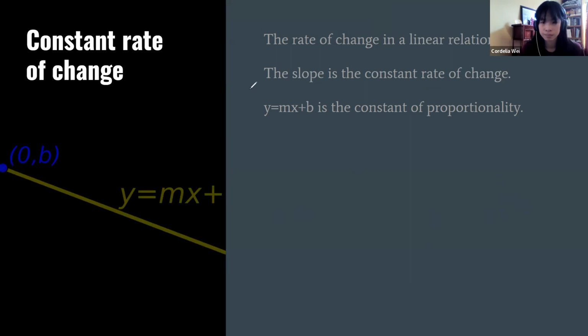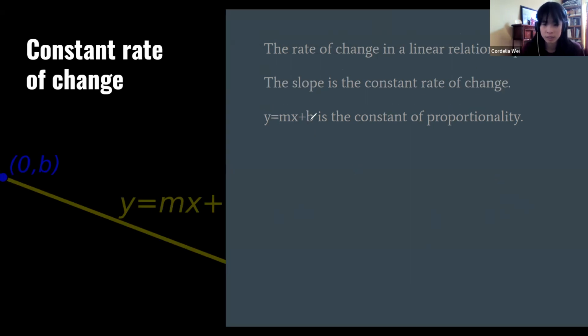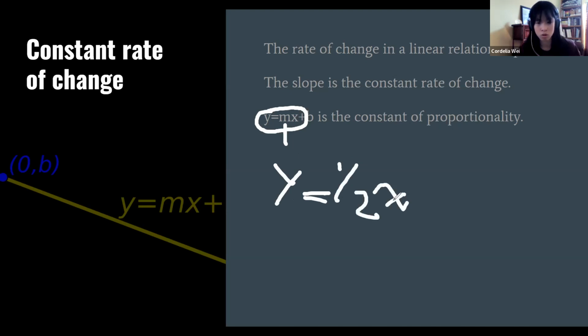So y equals mx plus b is the slope-intercept form. You see over here, y equals mx would be the constant of proportionality because m would be the number that you insert to make y equals like 1/2 x. That's how much the slope will go up. It's rise over run.